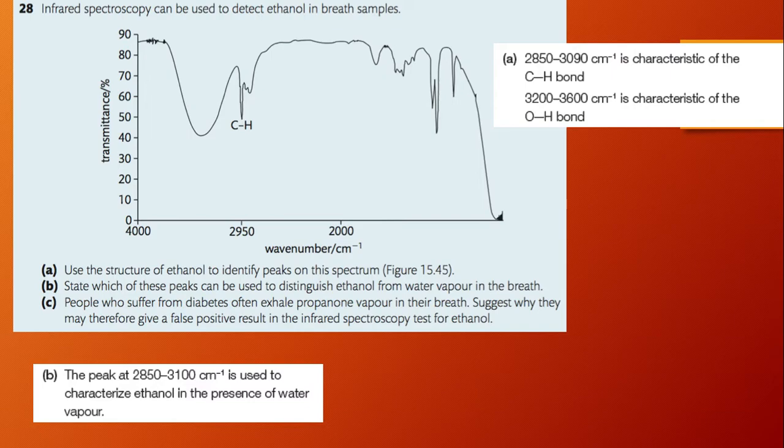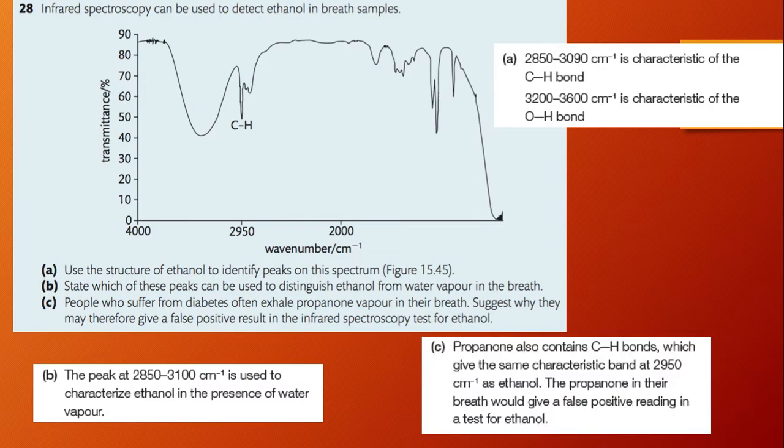So that does not interfere with the ethanol. But what propanone does have is the C to H bonds, which would maybe give a false positive as belonging to ethanol rather than the propanone.